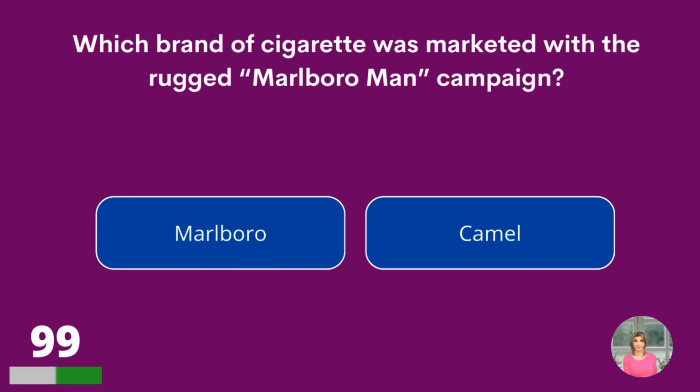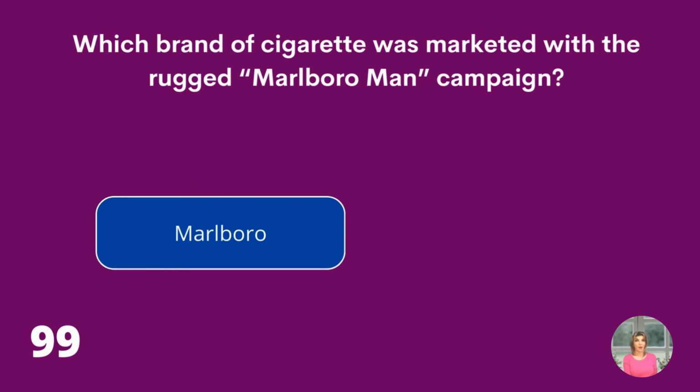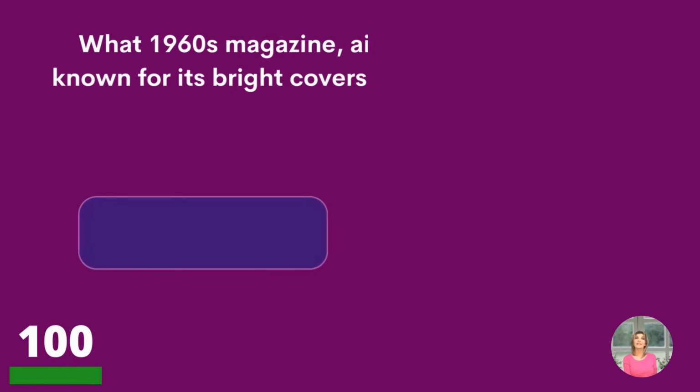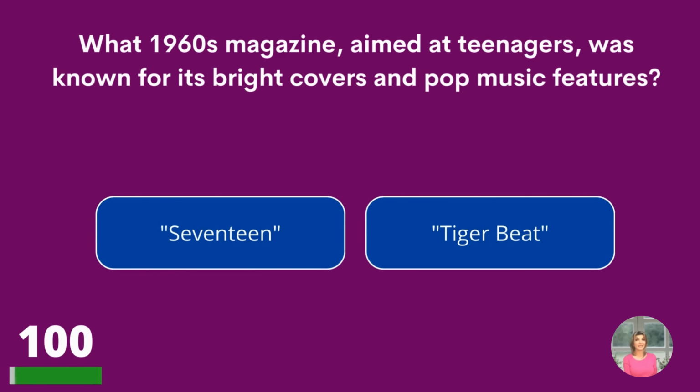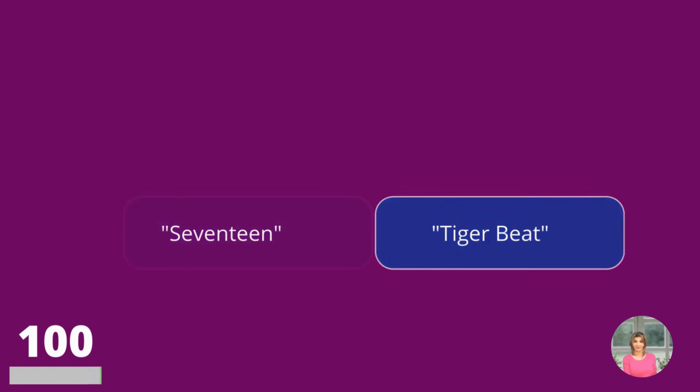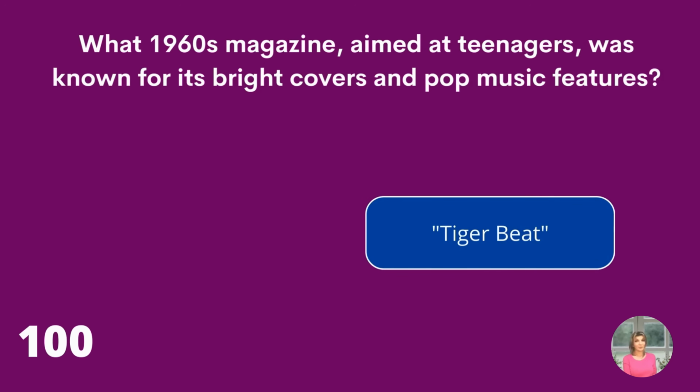Marlboro or Camel? Marlboro. Question 100. What 60s magazine aimed at teenagers was known for its bright covers and pop music features? 17 or Tiger Beat? Tiger Beat.